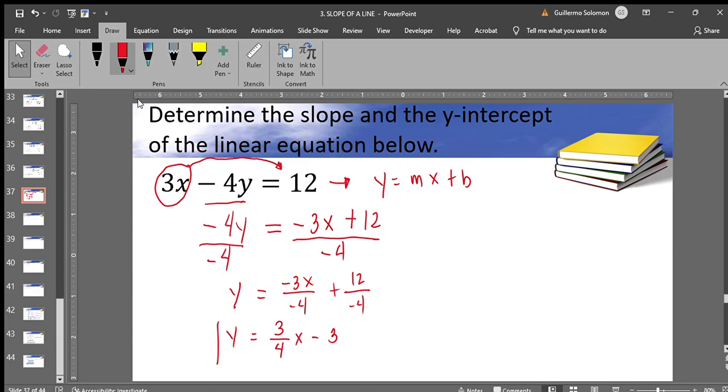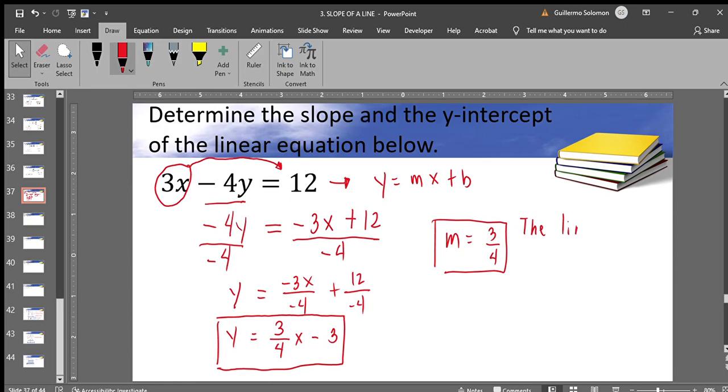So now, this is our slope-intercept form. Okay, let us identify our slope. Our slope here is 3/4. Ayan, here, 3/4. It is positive 3/4. Since it is a positive 3/4, the line, or the graph, goes up from left to right.